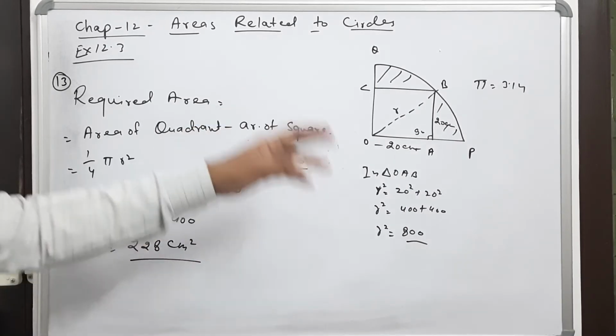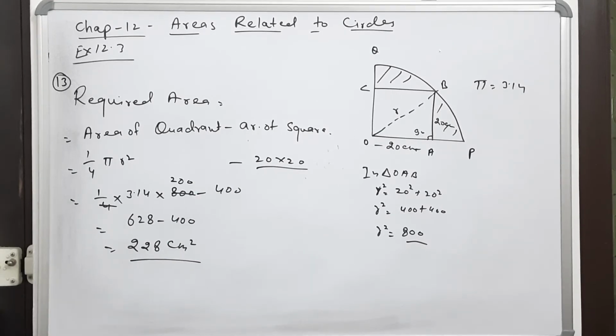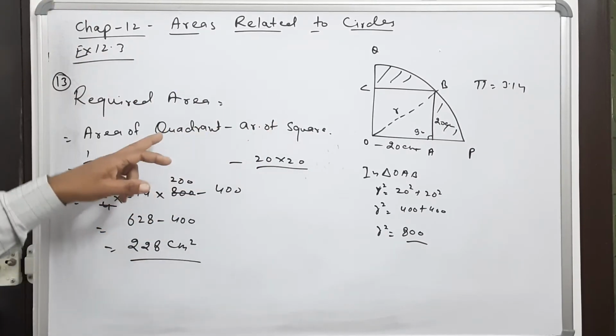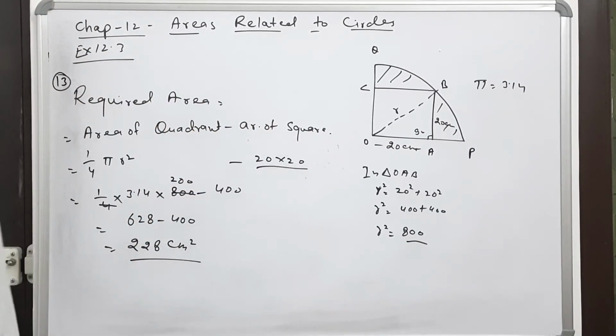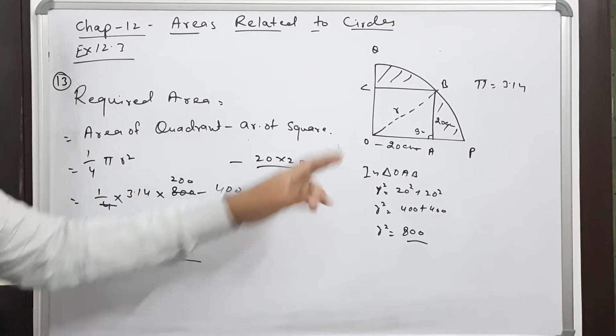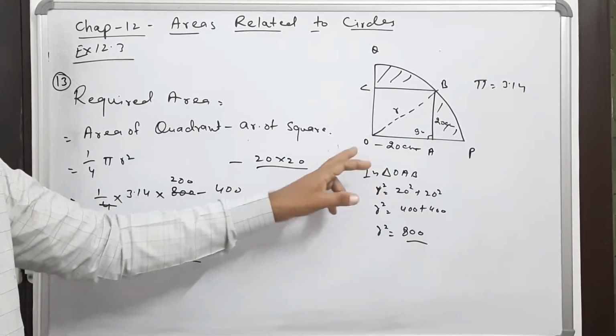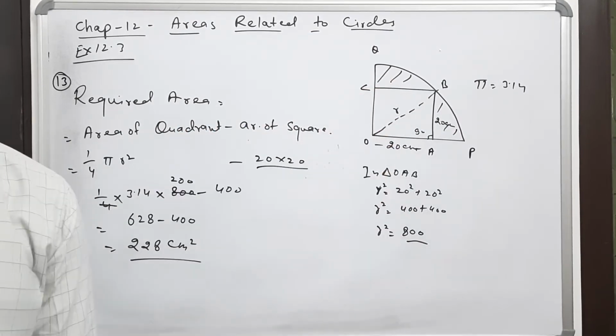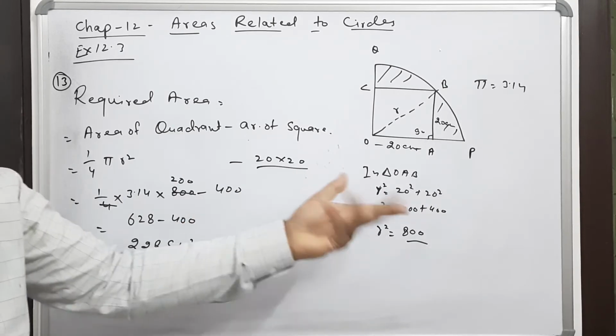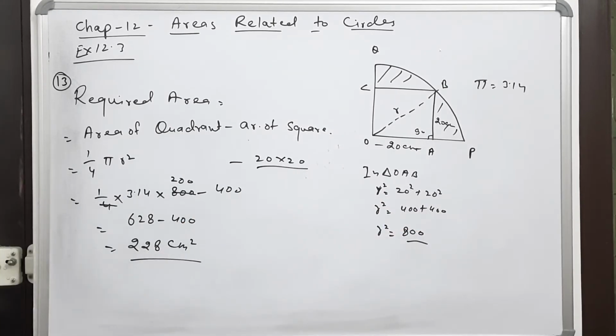So in this way you can find the area of the shaded region, and definitely it is area of quadrant minus area of square. But for area of quadrant we were not having the radius. So the Pythagoras theorem has helped us to find directly the value of r square, which we have used in this particular problem.